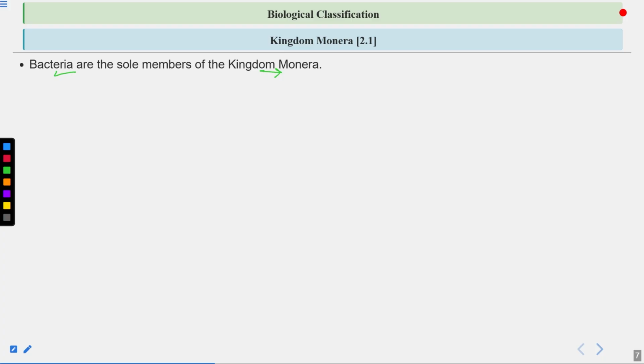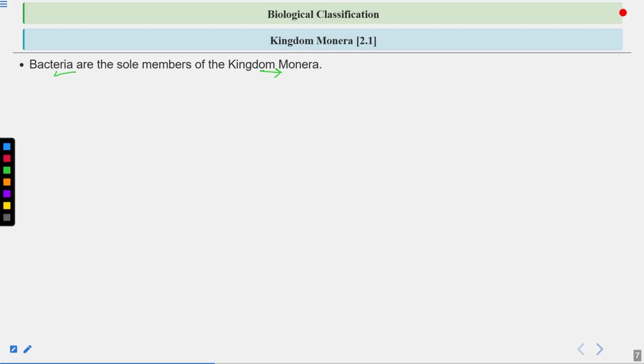Instead of the nucleus, they have a nucleoid. So what is the nucleoid? The nucleoid is the irregularly shaped region that consists of the genetic material. In the case of bacteria, what is the genetic material? DNA.